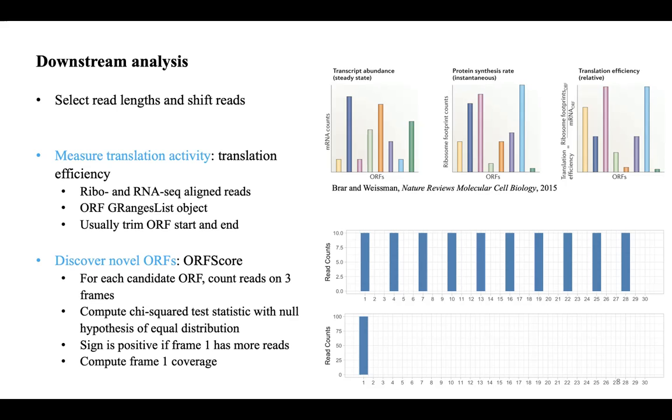But the first ORF might be more reliable because reads cover every frame 1 position. For the second ORF, the reads only cover 1 frame 1 position. So this frame 1 coverage together with the ORF score can help us filter out some false positives.